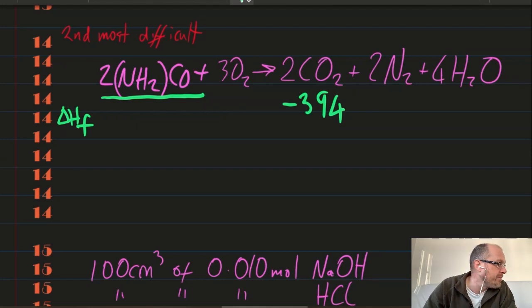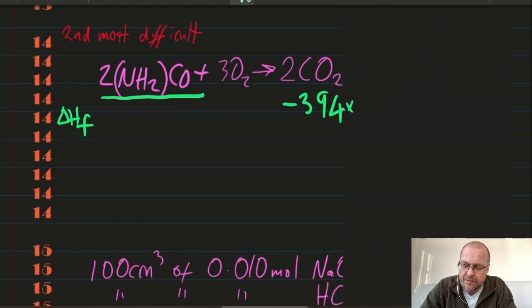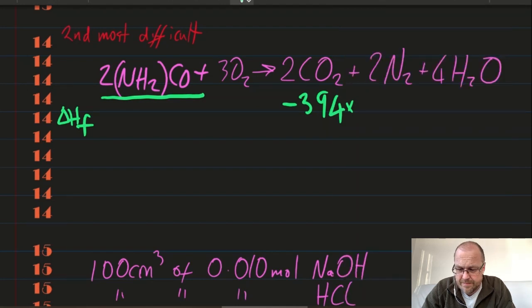So where do I find minus 394? Both B and D have that. Okay, not forgetting to double that.